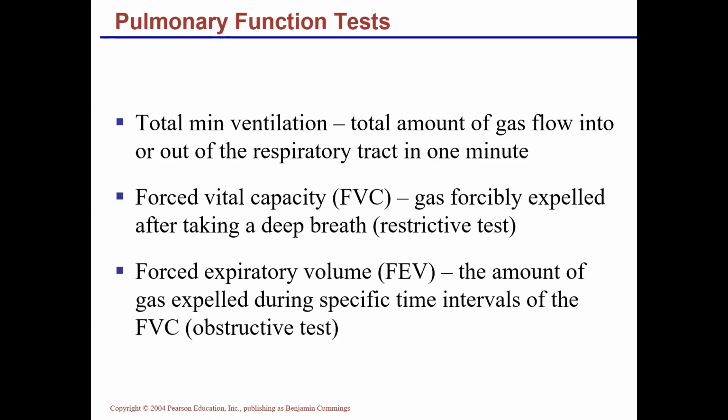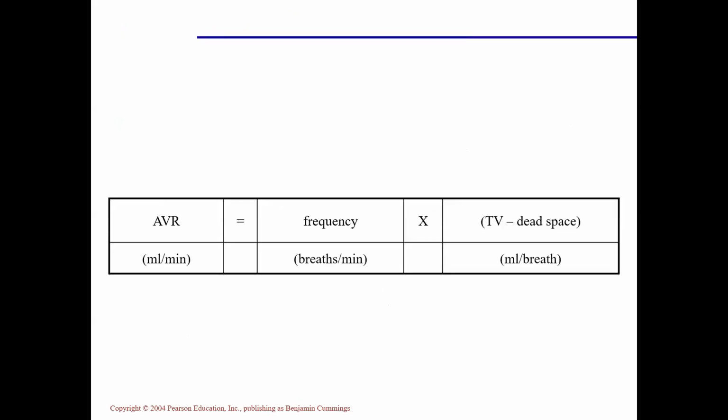This one is used to diagnose obstructive problems. Say you have asthma, your airway is constricted. So in the first second, the air you blow out should be less than a normal person's.